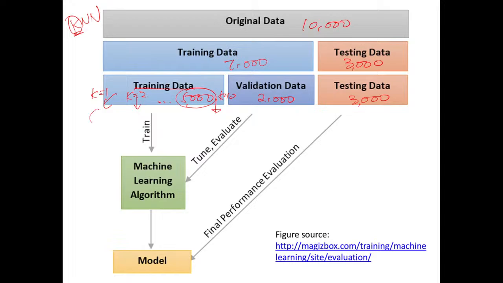Then you will end up having 10 models, model 1, model 2, up to model 10. Then you feed this 2,000 validation data into these 10 models and see which one gives you the best result.